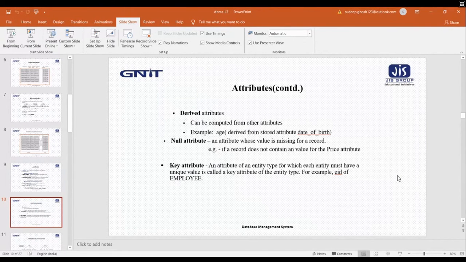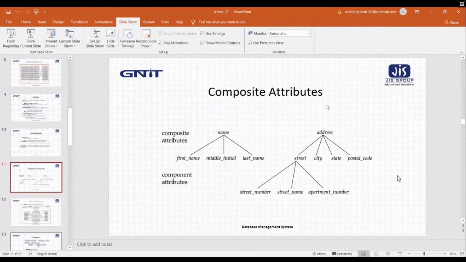Now, going into the details of null attribute and key attribute, I will show you first how the composite attributes are represented. See, in this way, name is a composite attribute, address is a composite attribute, and first name, middle name, last name, or street number, street name, apartment number, these are the component attributes.